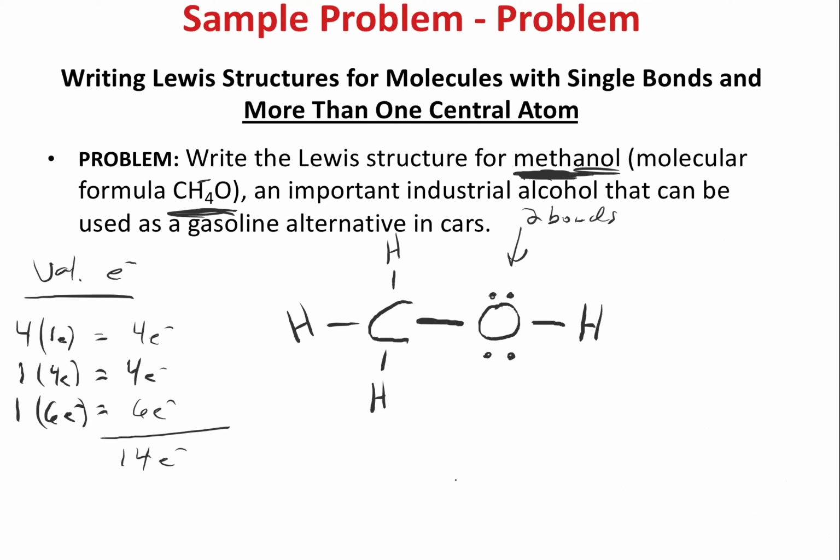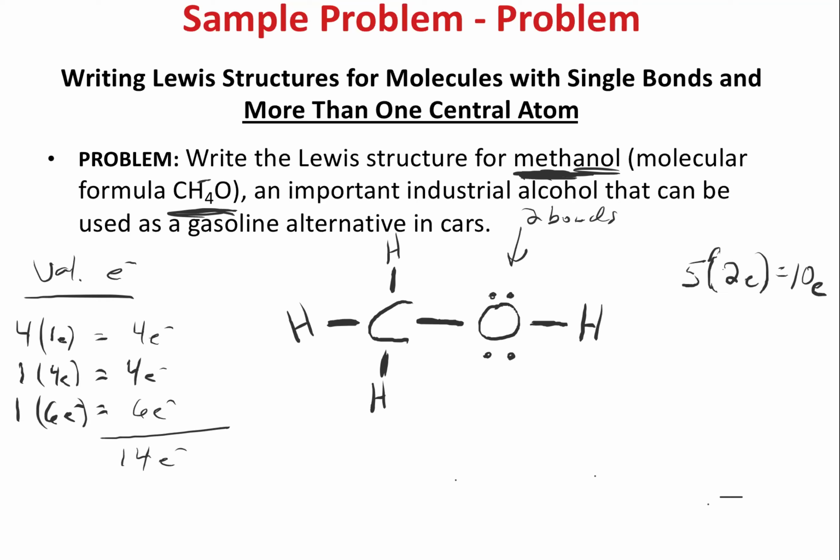So how many bonds do we have? Let's see. 1, 2, 3, 4, 5. Just counting bonds, right? I've got 5 bonds, each involving 2 electrons. So I've tied up 10 of my electrons in the 5 bonds that hold this molecule together.